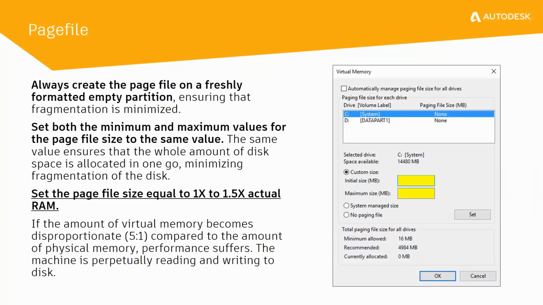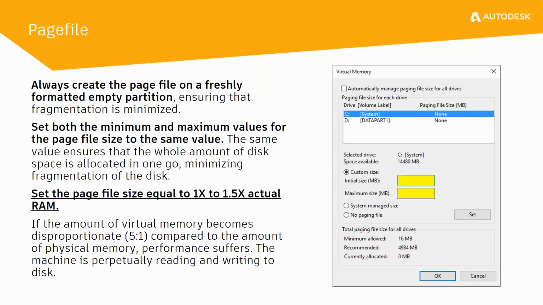Another thing that you can do is always create the page file in a freshly formatted empty partition, and this is to try and avoid fragmentation of that file. And we'll talk about fragmentation a little bit later on. The tip here is to set the minimum and maximum values for your page file size as the same value. The question is always, what should the page file size be?